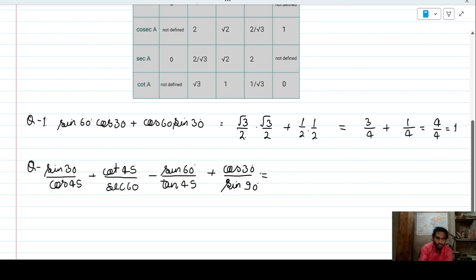The value of sin 30 is 1 upon 2 and cos 45 also 1 upon root 2, plus cot 45 upon sec 60. This is the reciprocal of cos 60, so we write it in simple form, cos 60.